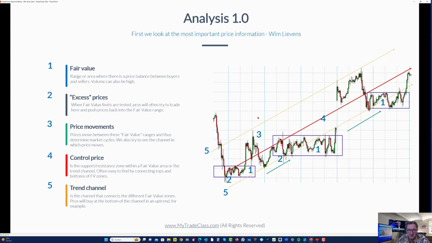Another thing could be people who use traditional classic analysis with trend channels and control prices and excess prices and fair value areas and price movements, and some people use the Dow theory, and I would say that is all wonderful.